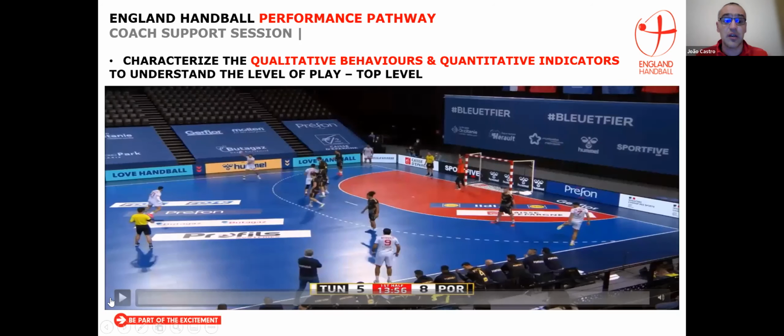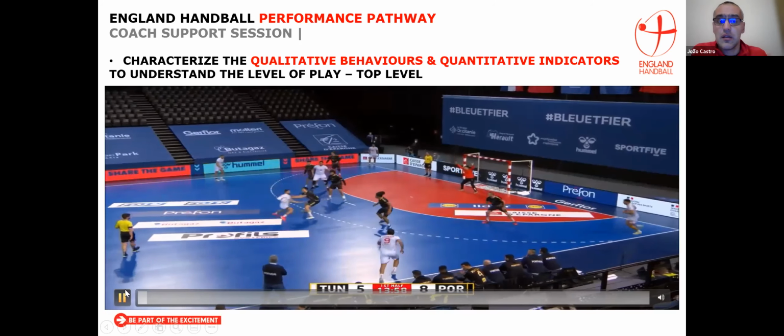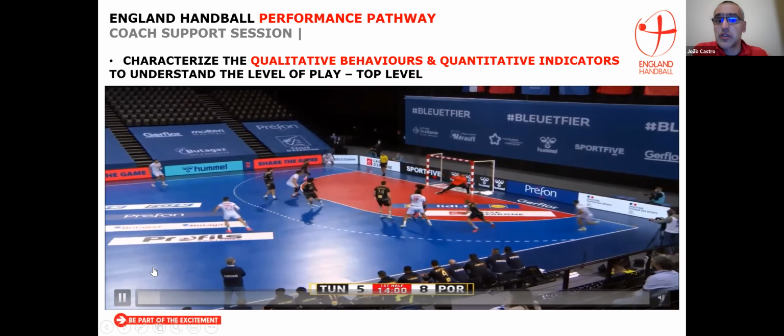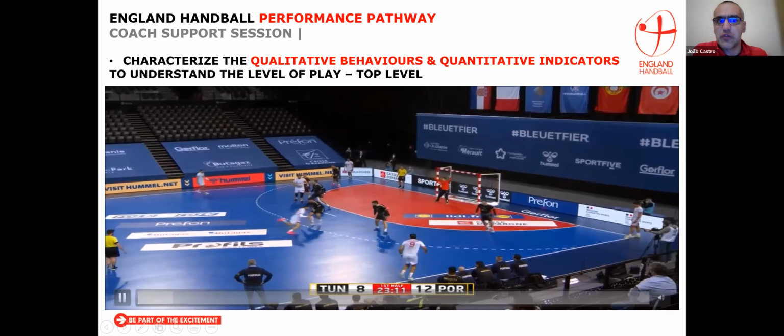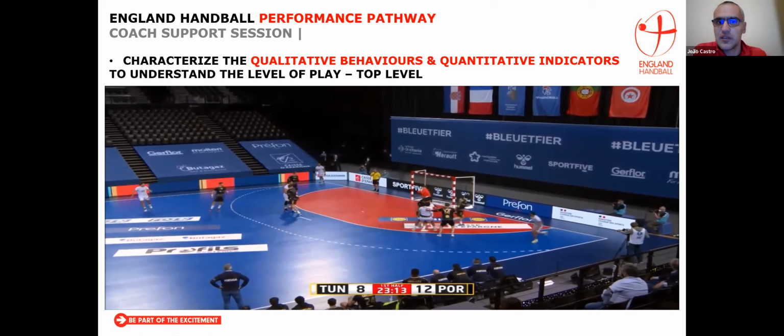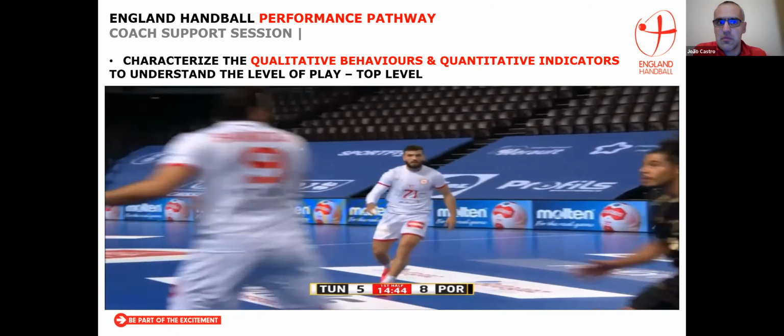Okay, the same in another type of defense. Maybe the structure is different. You can see a different structure, but the behaviors are more or less the same.